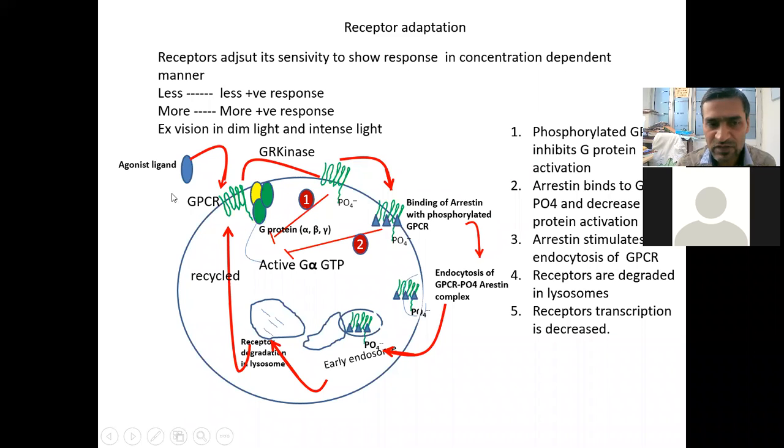So you see now the chain of reactions has started. As soon as ligand has bound to the GPCRs, GPCRs are activated. The ligand bound GPCRs can be phosphorylated by the action of GPCR kinase, and the phosphorylated GPCRs have affinity to bind with arrestin. When arrestin binds to these phosphorylated GPCRs, their endocytosis starts, and they are taken up inside the cells.